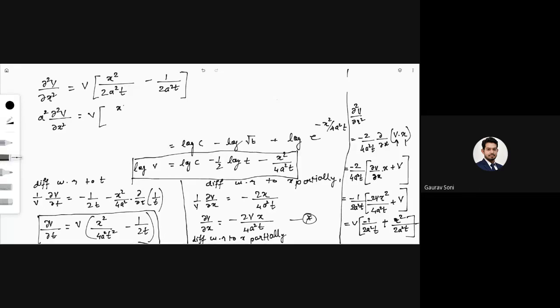x square upon 2a square t, sorry, x square upon 2t minus 1 upon 2t. I made some mistake on that.